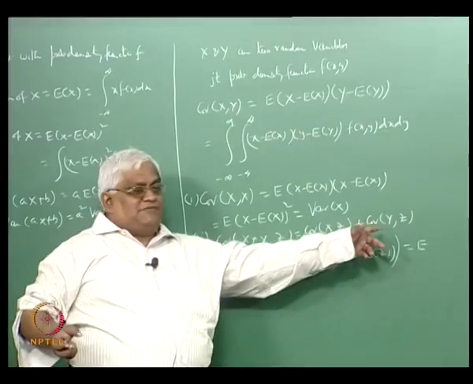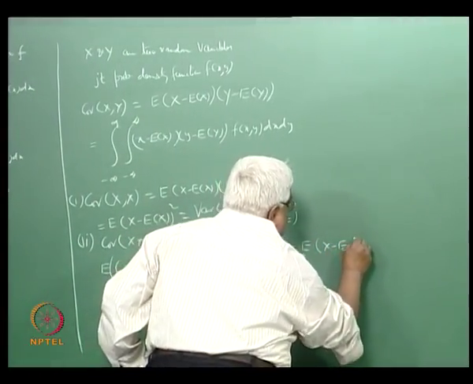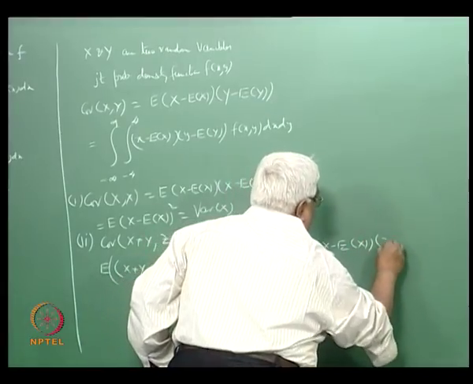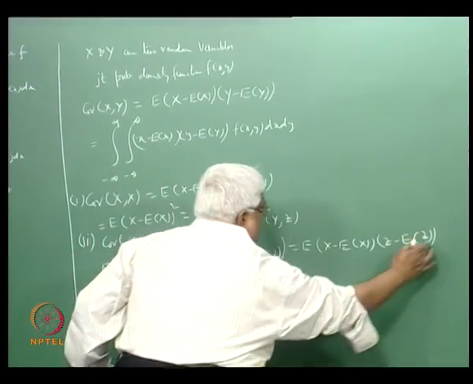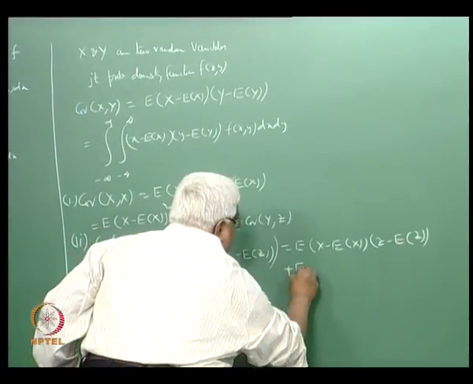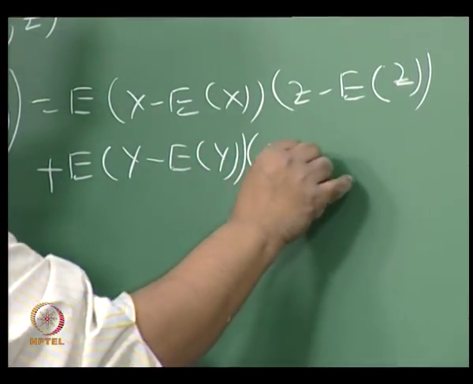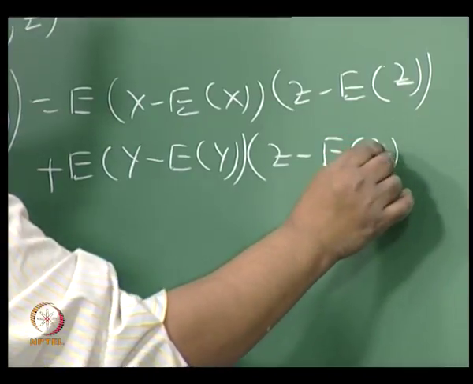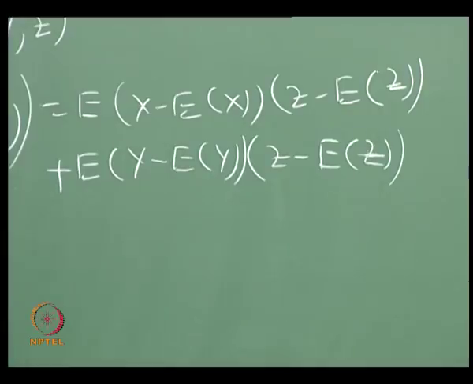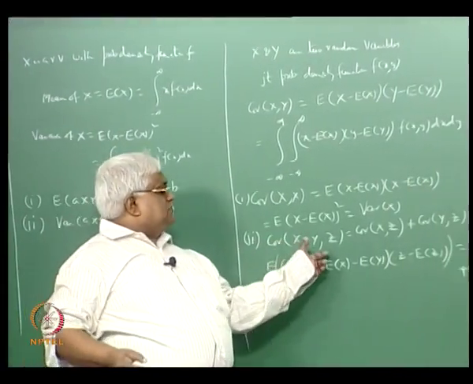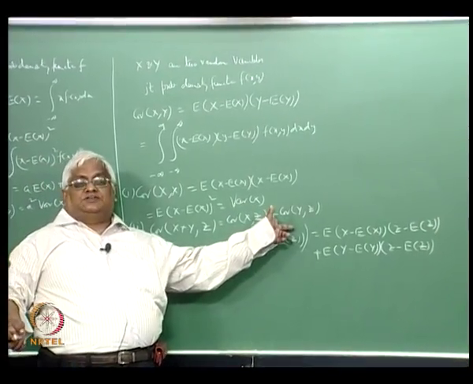So, x with z and y with z. So, covariance of x plus y with z is equal to covariance of x z plus covariance of y z.